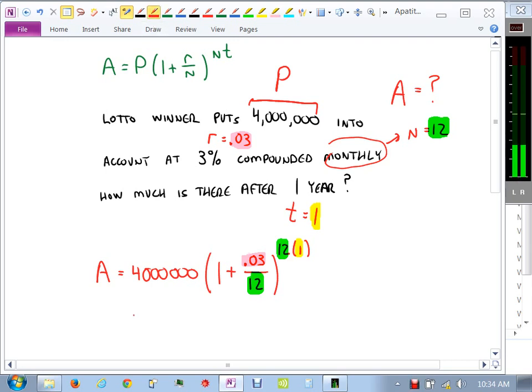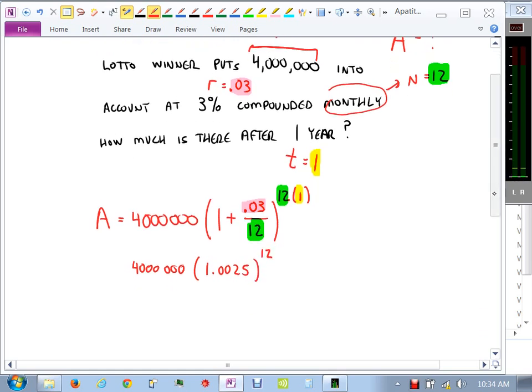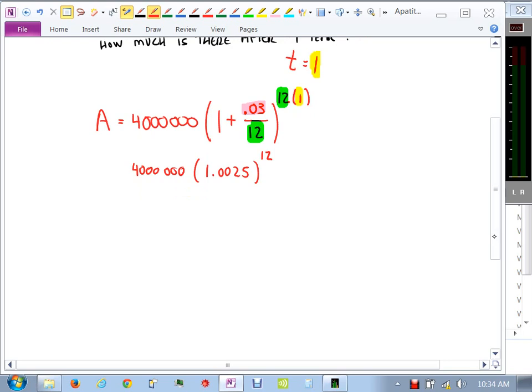So this becomes 4 million times 1.0025 raised to the 12. You have to do order of operations here. So exponents come before the multiplication. You don't multiply the 4 million times that number first.